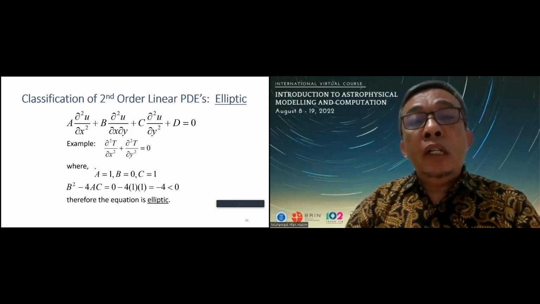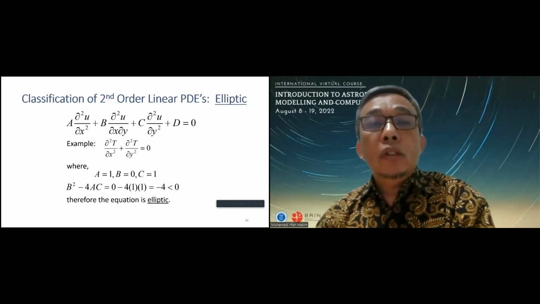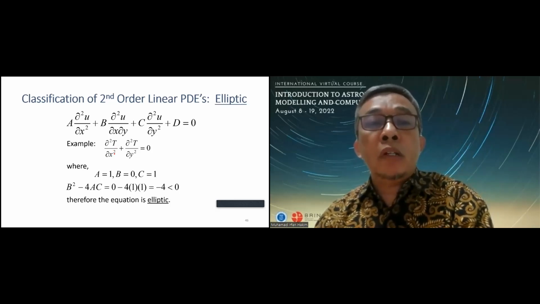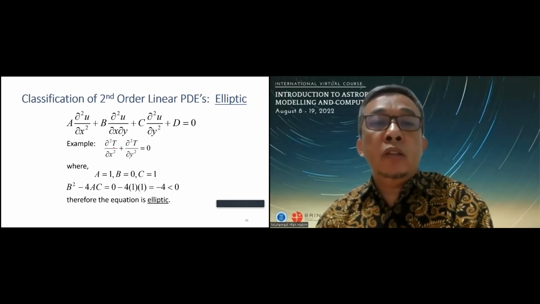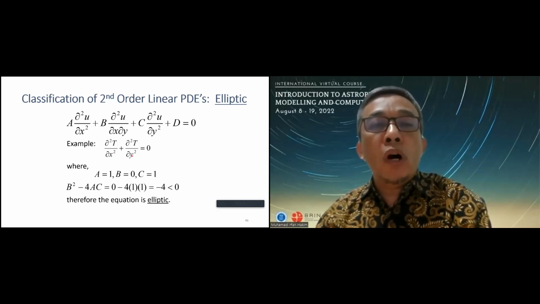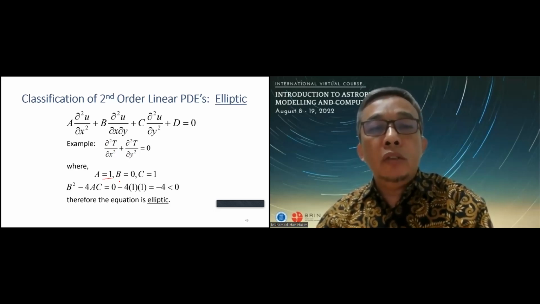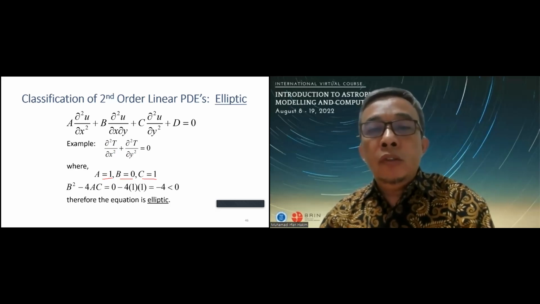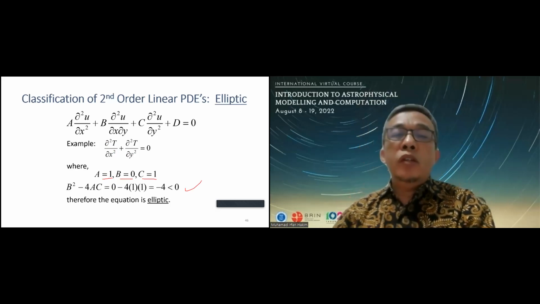This is an example. The second partial derivatives of temperature, for example, to x and to y here. So we have a equals 1, b equals 0, c equals 1. So this value is less than 0.